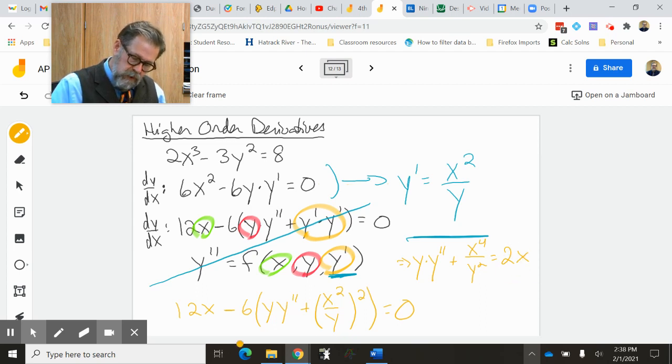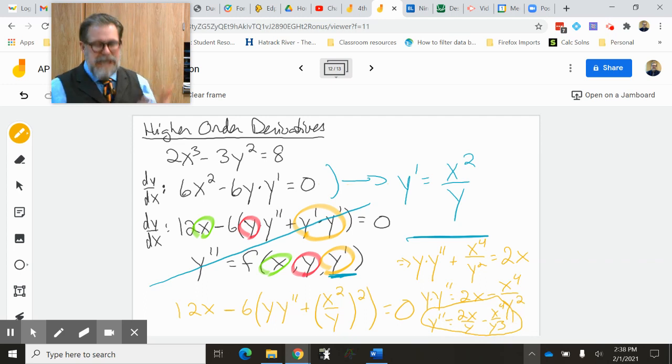So y times y double prime equals 2x minus x to the fourth over y squared, and then dividing everything by y, I get 2x over y minus x to the fourth over y cubed. I got the same answer.